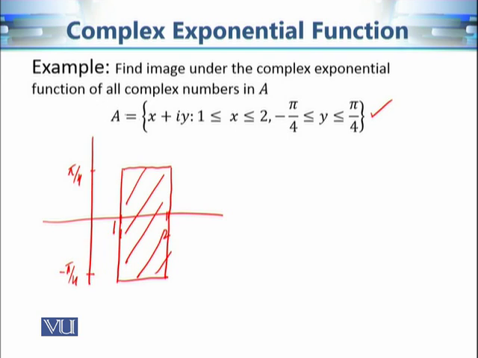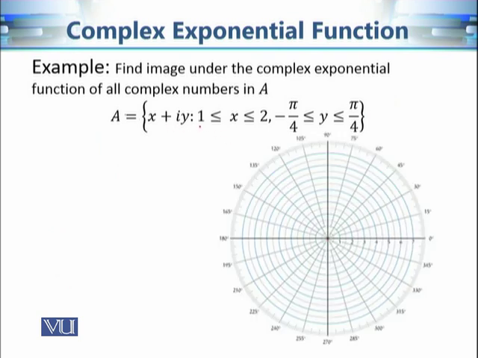Now we want to find out what is going to be the image of this region in the w plane under this complex exponential map. The point is the output of 1 is going to be e raised to power 1, and the output of 2 is going to be e raised to power 2. So let's say e is somewhere over there, and e squared is somewhere over there.